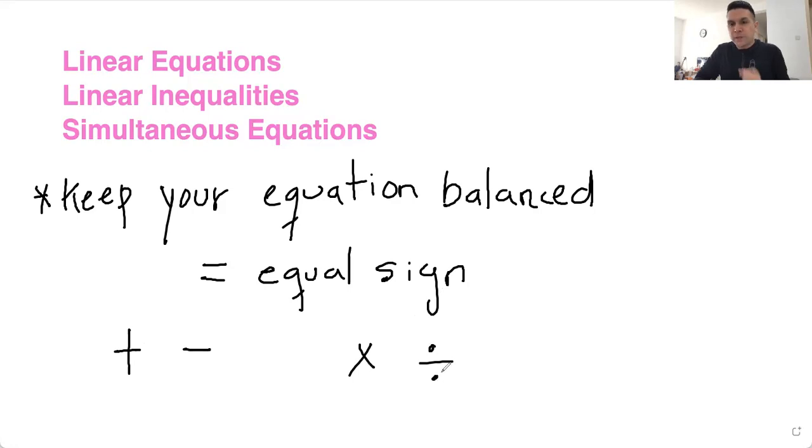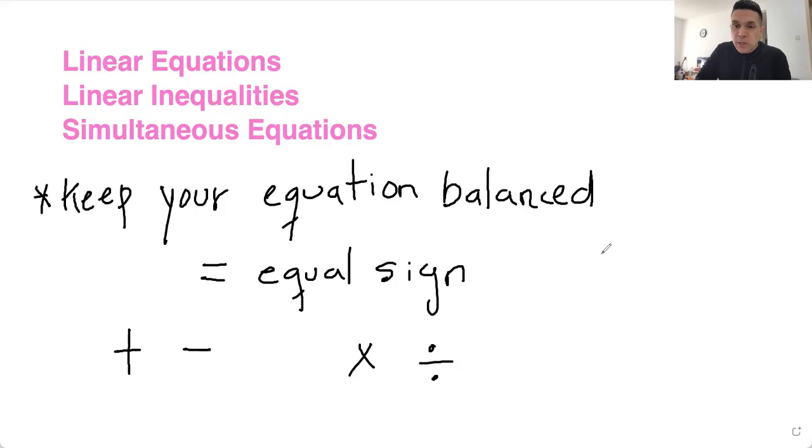Division. And the opposite of division? Multiplication. So this is something you have to keep in mind as you solve your equation. You have to undo the operations being performed on the variable. If something is being added, you subtract it; something being subtracted, you add it, and so on.